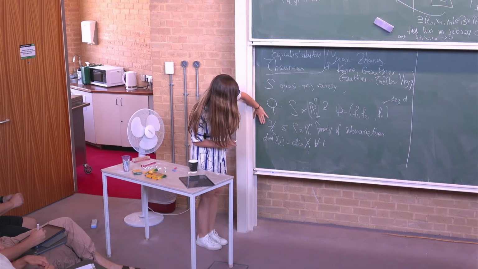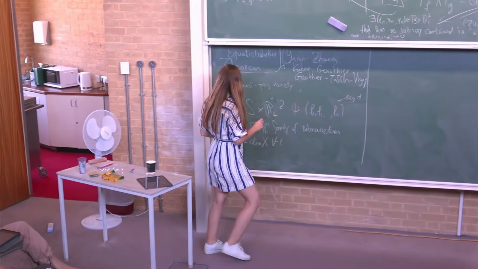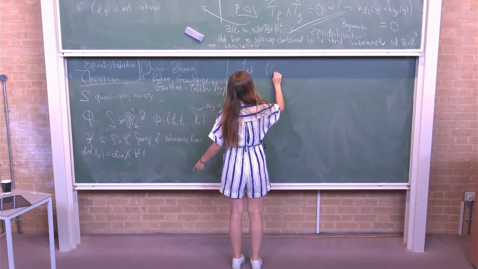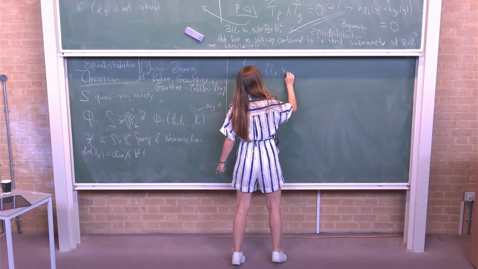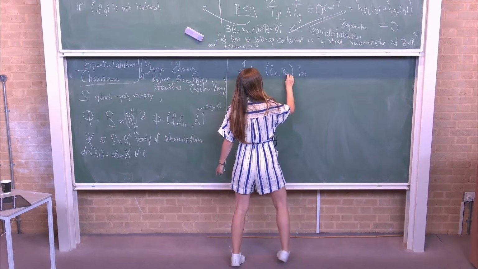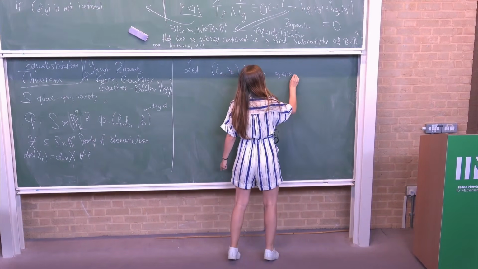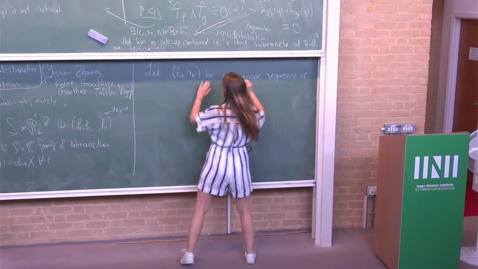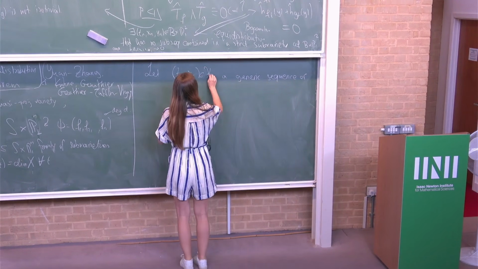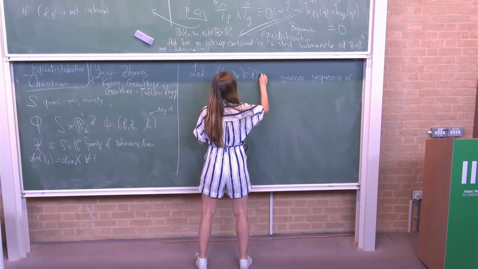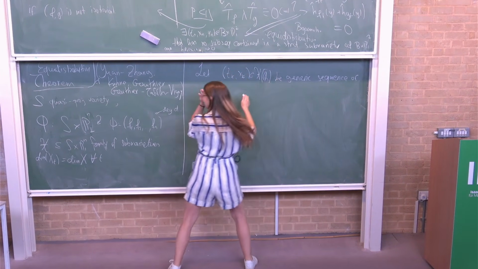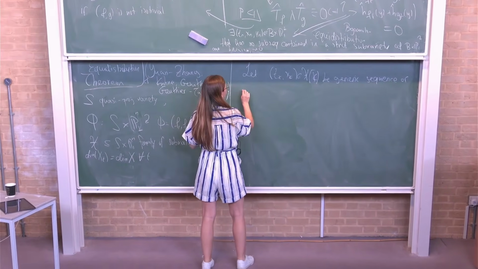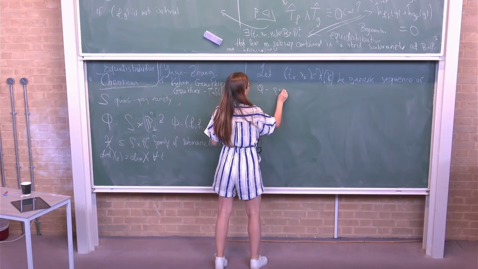Now we want to understand the geometry of pre-periodic points. So let (t_k, x_k) in X bar be a generic sequence of pre-periodic points.